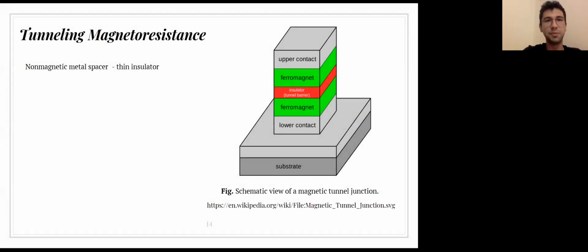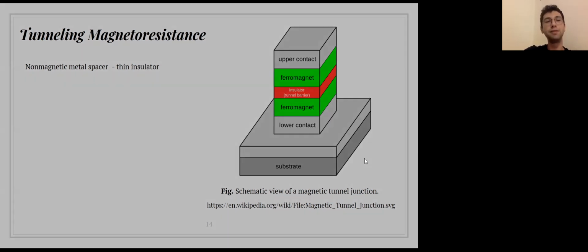All right, tunneling magnetoresistance. In this magnetoresistance type, we have two ferromagnets and an insulator tunnel barrier in between. So we just switch the non-magnetic metal spacer from the previous section. This structure is called a magnetic tunnel junction.